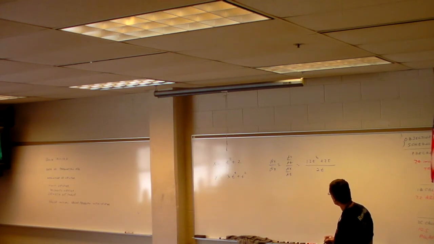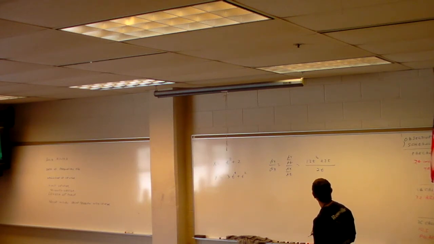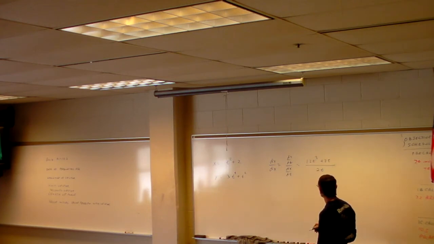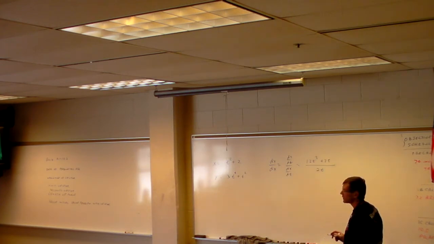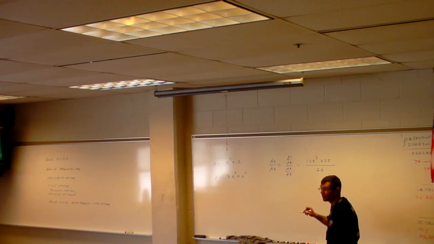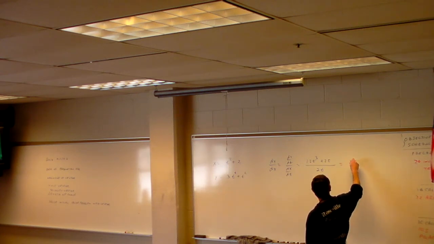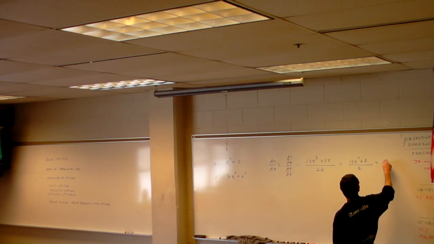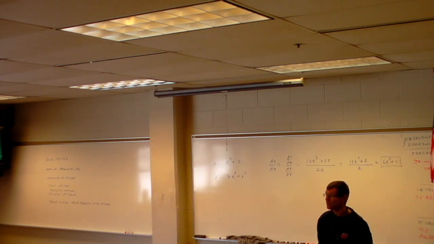Now, you could reduce this if you wanted, and you could say this is 12t squared plus 2 over 2, which could be reduced to 6t squared plus 1. Just keep it simple.